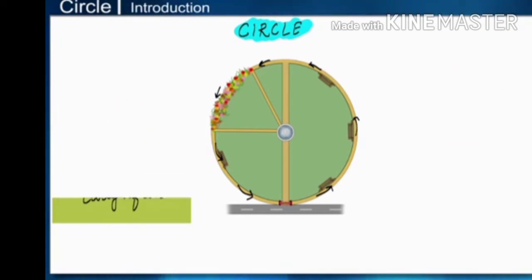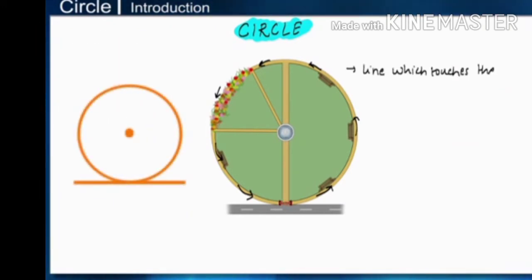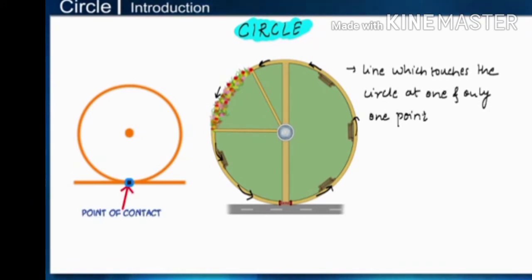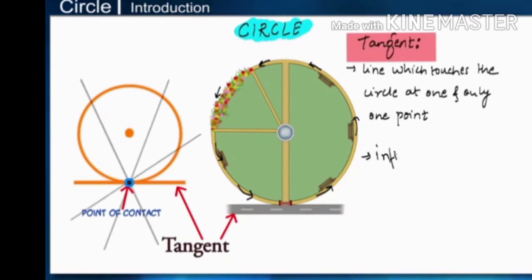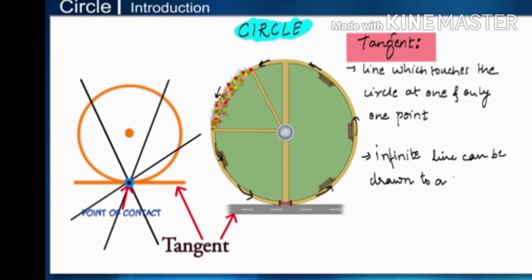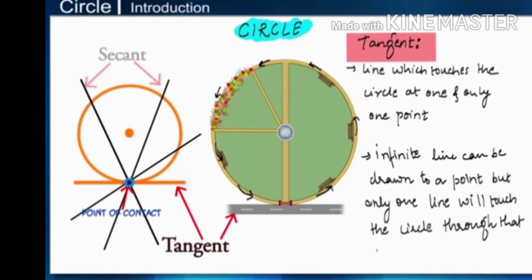So, if there is a line which touches the circle at one and only one point, then it will be called as a tangent to the circle. However, there can be infinite lines that can be drawn to a point on the circle, but there is only one line that touches the circle through that point.